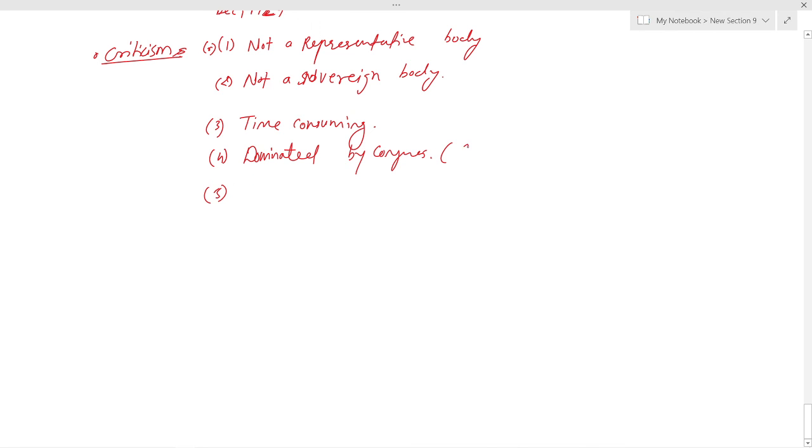Granville Austin says that the Constituent Assembly was a one party body in an essentially one party country. Fifth was the domination of lawyers and politicians.